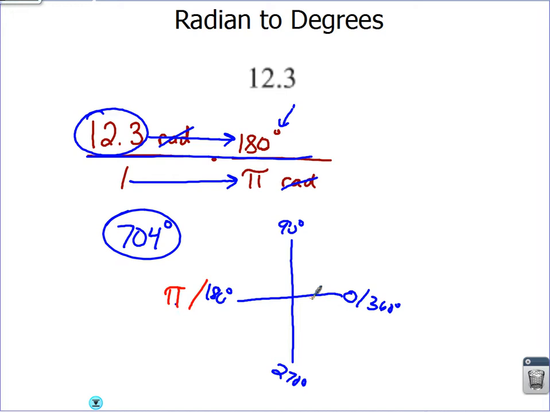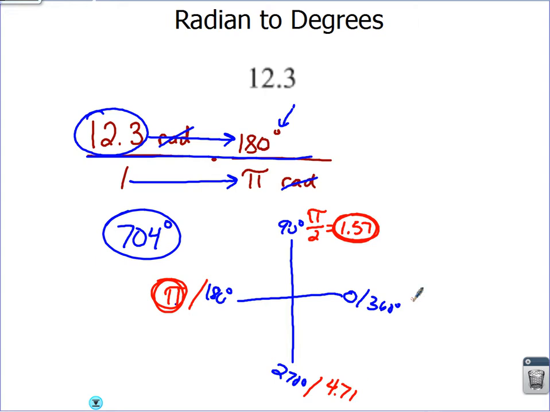So if this is 0, then pi is over here. Well, what would 90 degrees be? Pi divided by 2, which is about 1.57. That's pretty close, 3.14, because this right here is 3.14 radians. So this would be half of that. That'd be about 1.57 radians. I think this is about 4.71, something like that, radians.